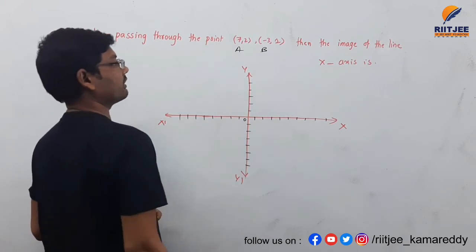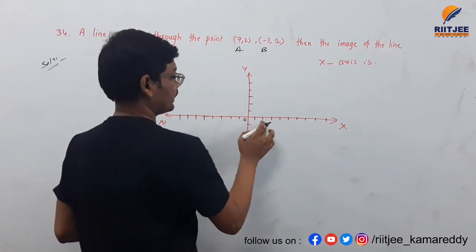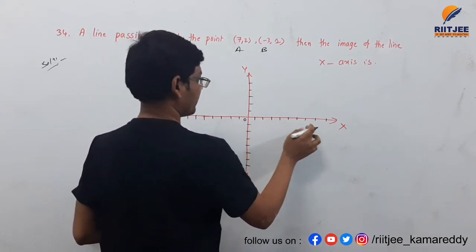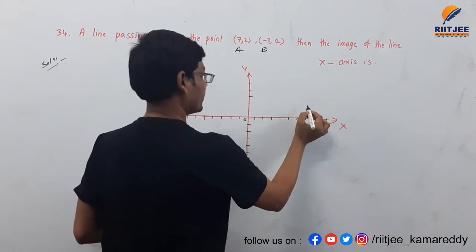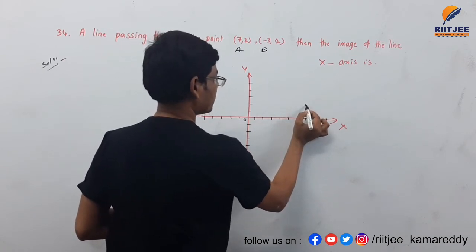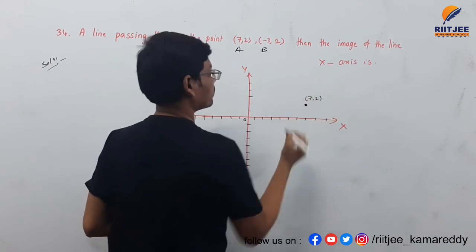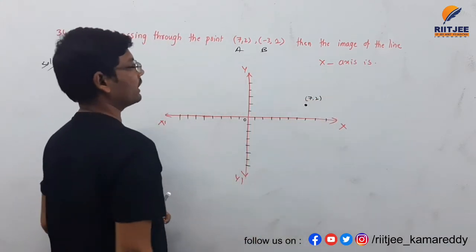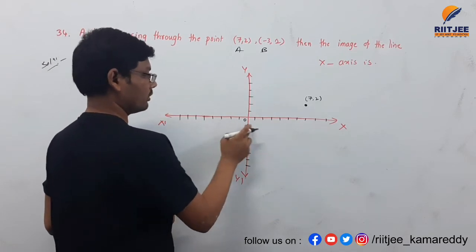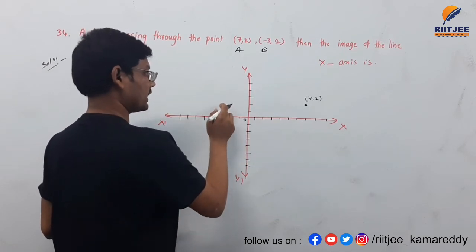Here, first point 7, 2. Here 1, 2, 3, 4, 5, 6, 7 and 2. This is the plotted point 7, 2. And minus 3, 2: 0, minus 1, minus 2, minus 3, and 2.